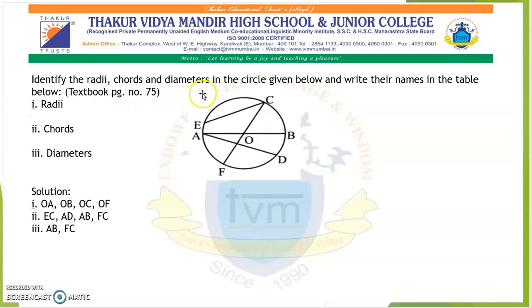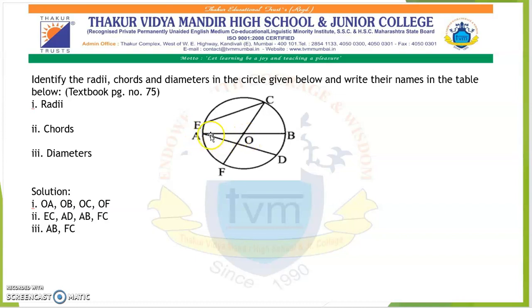Identify the radius, chords and diameter in the circle given below and write their names. Now let us see, this is the figure given. Here you have to first find out the radius. As we have seen in the previous slide, if a segment is drawn from the center and touches any point on the circle, it is called a radius.